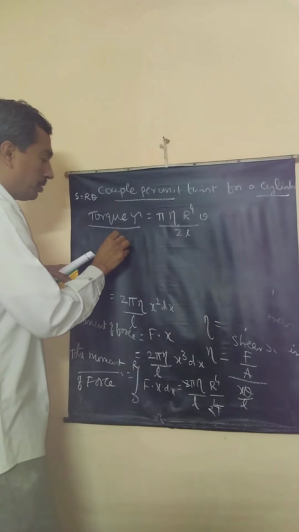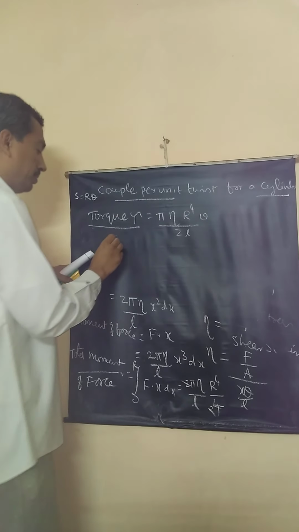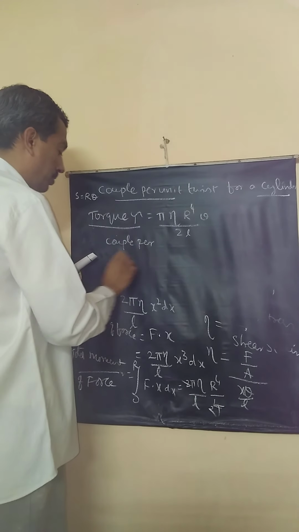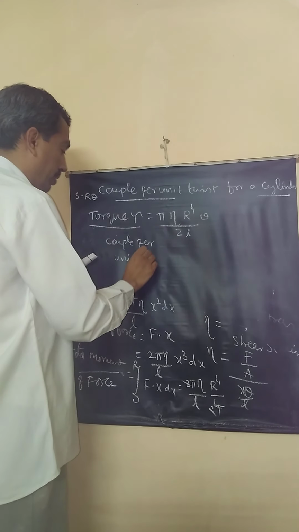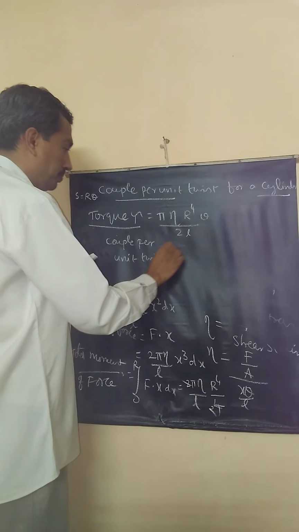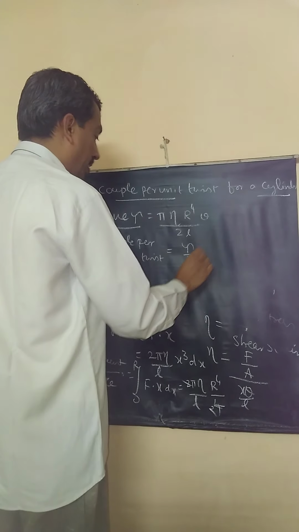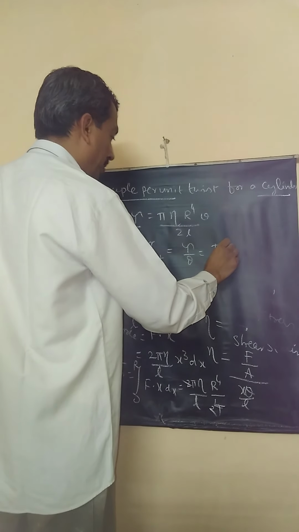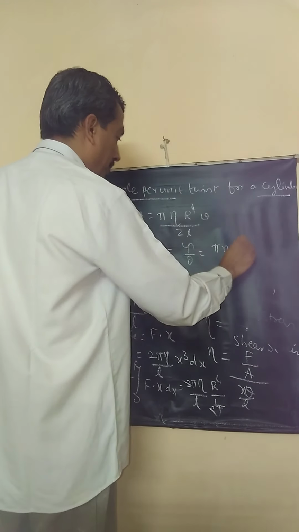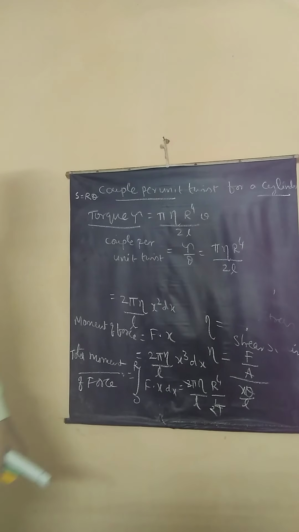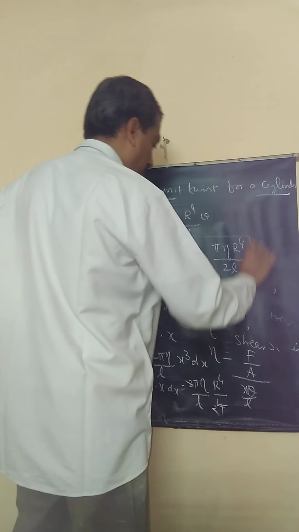Now I'll take theta this side. Couple per unit twist is equal to tau by theta, pi eta r4 by 2L. Is it clear? So this is the expression we needed to derive.